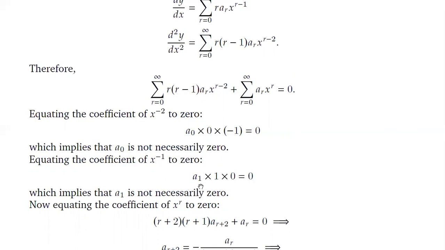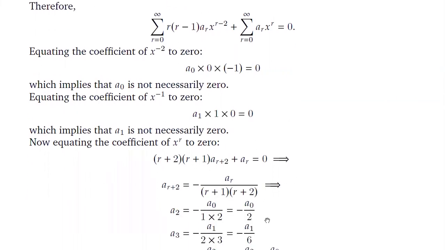So we say that this LHS is becoming 0 because of this 0 and not because of a1. So it implies that a1 is not necessarily 0.